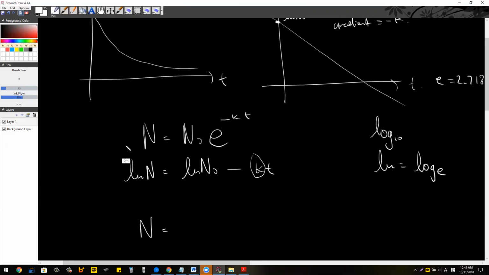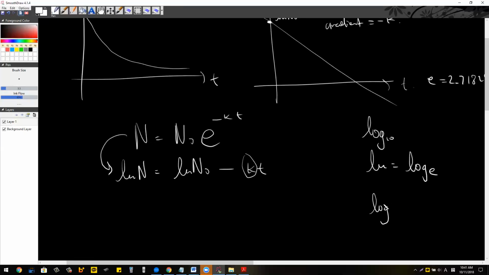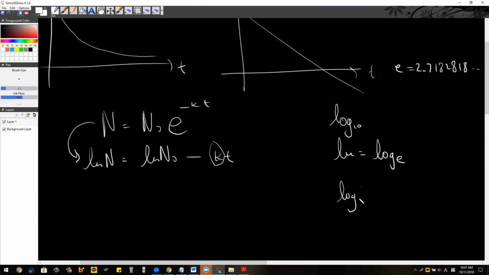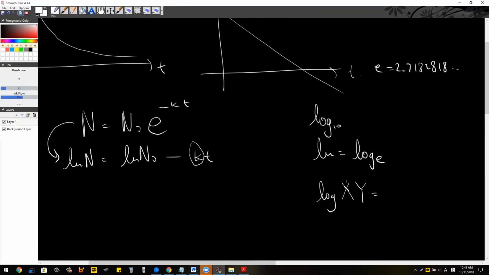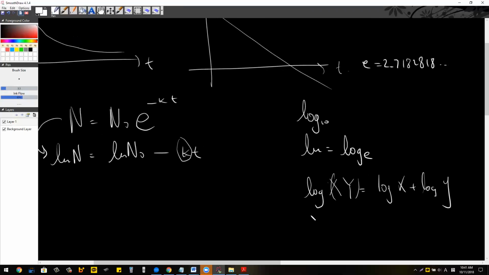Do you guys know how to go from here to here? Not really. Okay, so there's a log rule. When you have the log of x times y, this is the log of x plus the log of y. When you have the log of x over y, this is equal to the log of x minus the log of y.